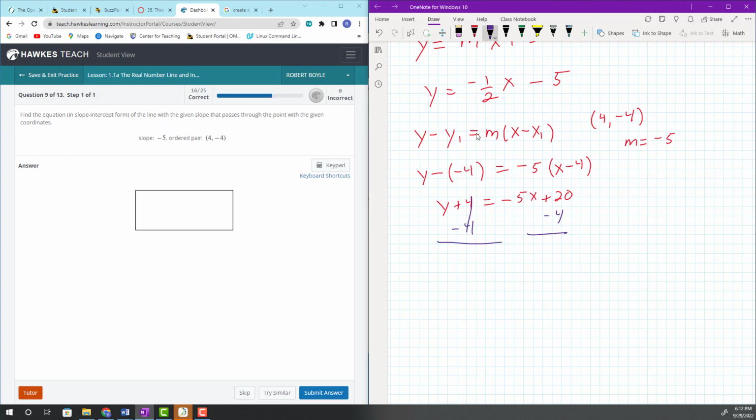If we do, these cancel. And we are left with y on this side, which is what we want. And over here, we're going to have minus 5x. 20 minus 4 is 16. And thank goodness all we have are integers here. Y is equal to -5x minus 16.